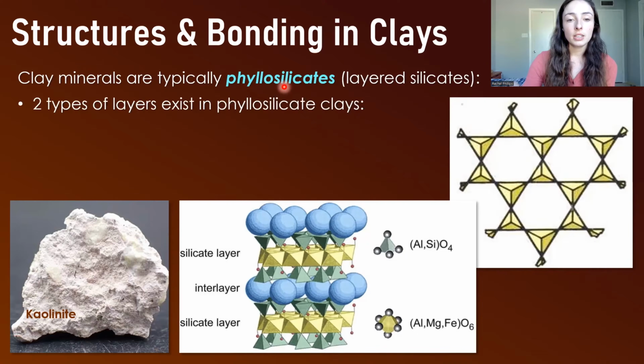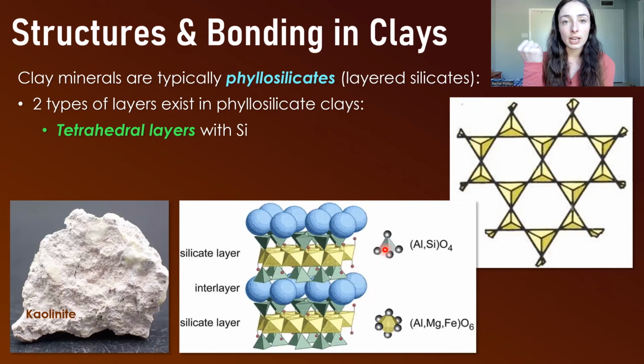So this is kind of their structural definition because they have layers, and two major types of layers exist in phyllosilicate clay minerals. These are the tetrahedral layers, which are typically silica tetrahedra, which are basically, you have a silicon atom in the center and then 4 oxygen atoms in a tetrahedral shape, and that makes up these tetrahedra units that form a sheet in the clay mineral.